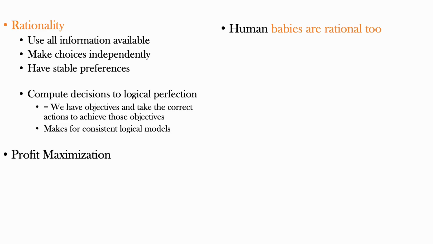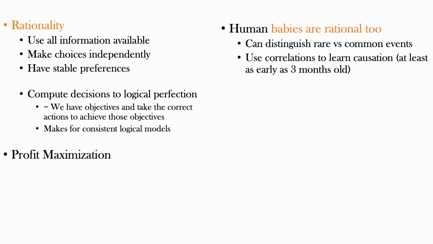If you look at various experiments that have been done on the behavior of human babies, we find that at a very early age they can distinguish rare versus common events. They can use correlations to learn causation at least as early as 3 months of age.